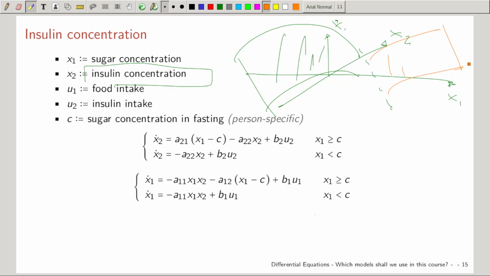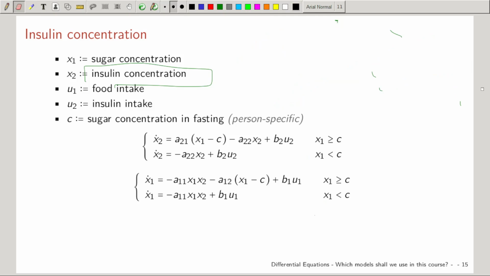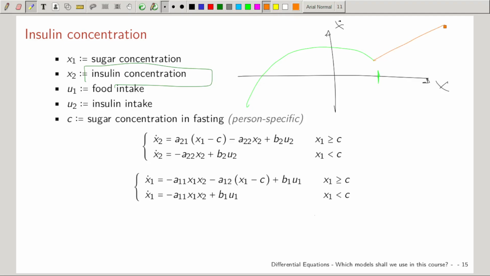Depending on where you are, you follow a different x dot. Here we have, I don't know, a quadratic. And here we have a line. You see? Multidimensional.